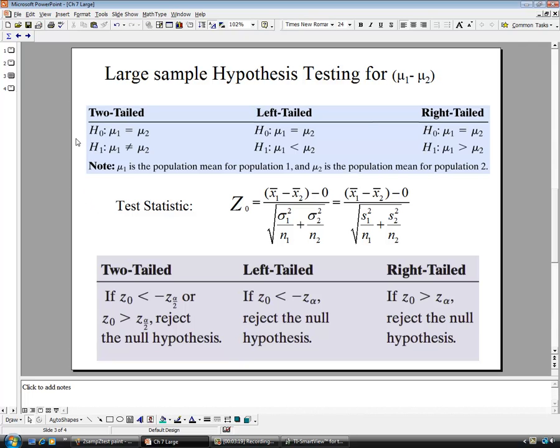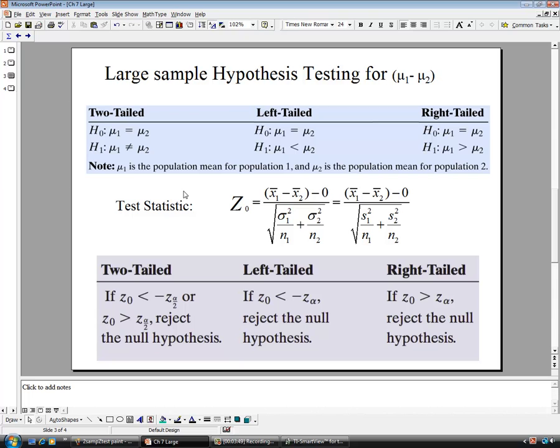So we need a null and alternative hypothesis, a test statistic, and a rejection region to compare it to. The test statistic, again, we get to use a z. The point estimator here is x1 bar minus x2 bar, and we're going to subtract 0 from it. We're going to do that because typically we're more interested in finding out if there is a difference between two population means as opposed to if there's a difference of, say, 20 or a given number.